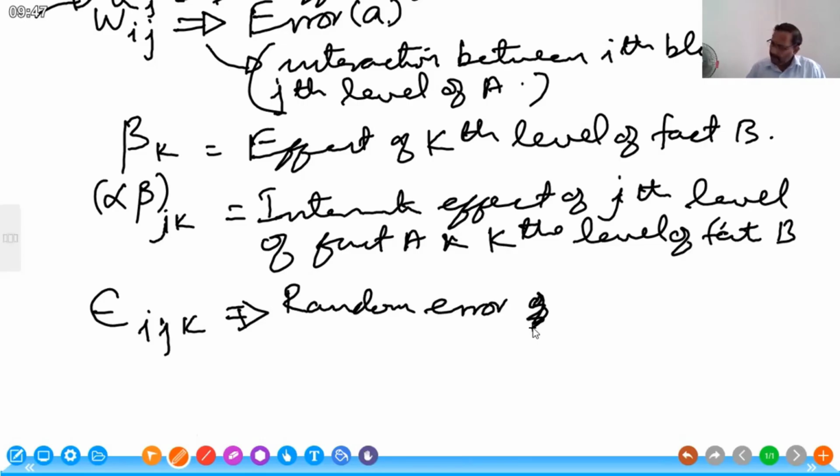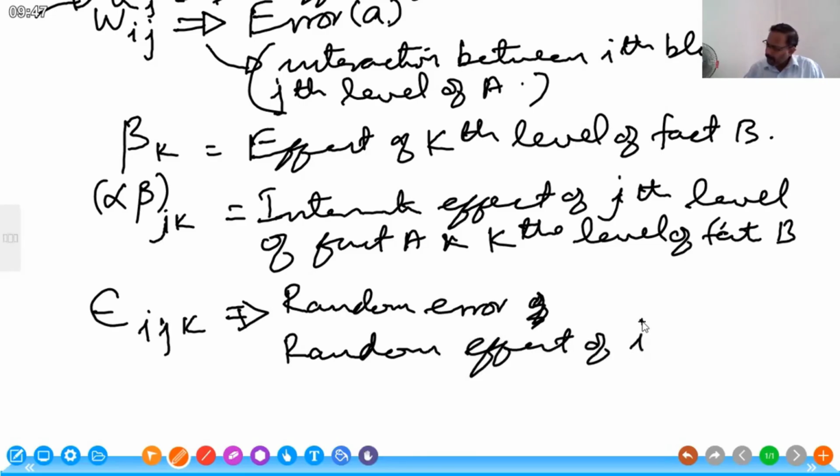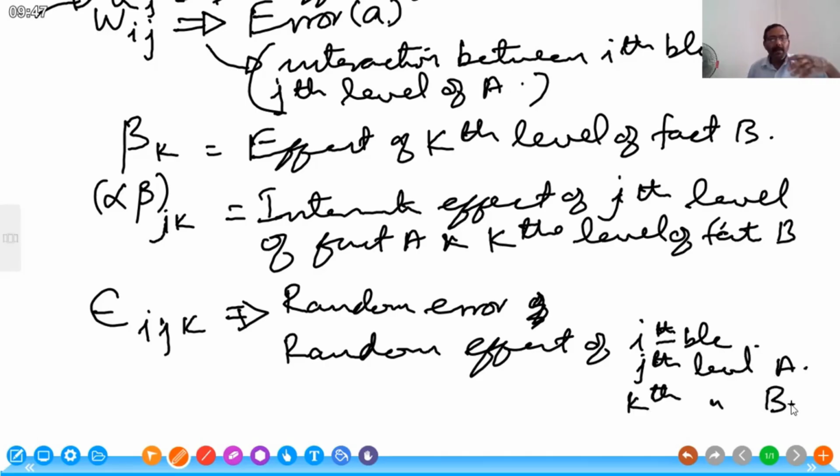We call it as random effect of ith block, jth level of factor A and kth level of factor B. Write down very nicely. I have simply written in a short info. Write down nicely.